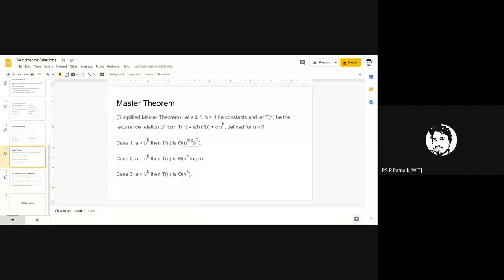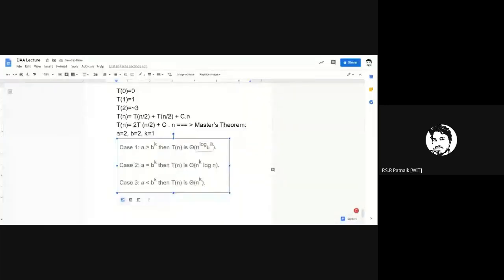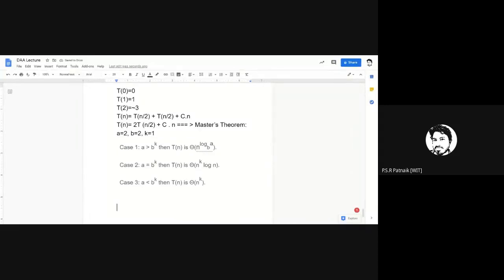So what case will apply? Ours is in this format. So if I come here and check this, what case will apply to me? Tell me what case applies. A is equal to 2, B is equal to 2, K is equal to 1. What case applies to me?